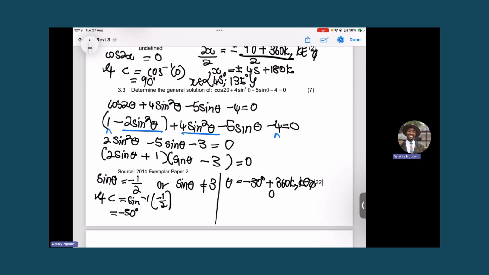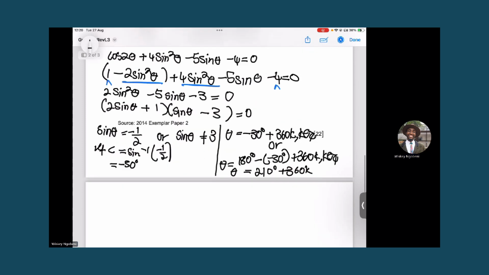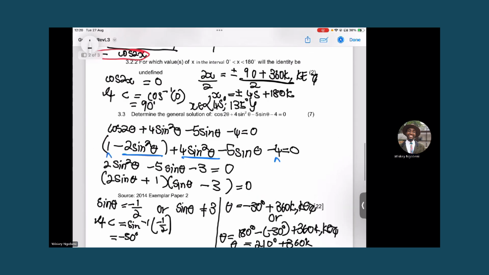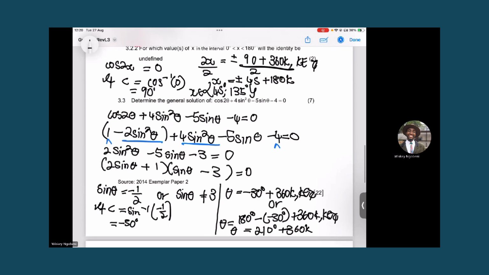You also have the second one, which says take 180 minus your reference angle plus 360k, k is an element of integers. So our second general solution will be 210 plus 360k. Now that is our solution.